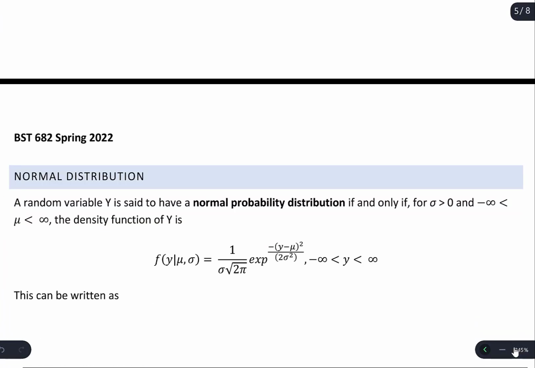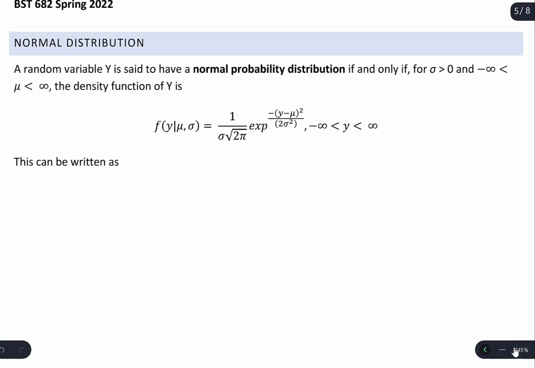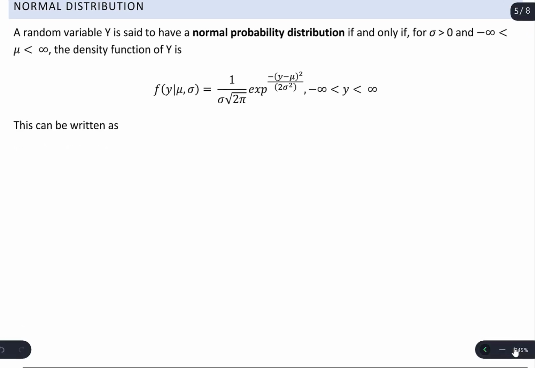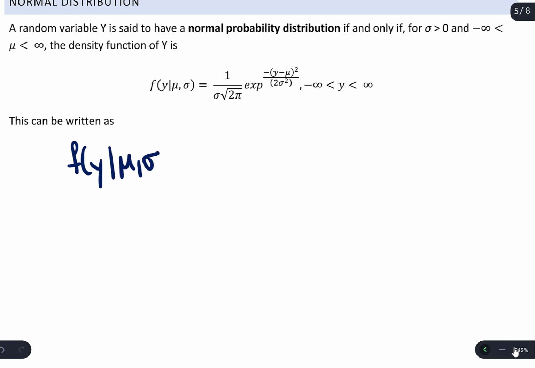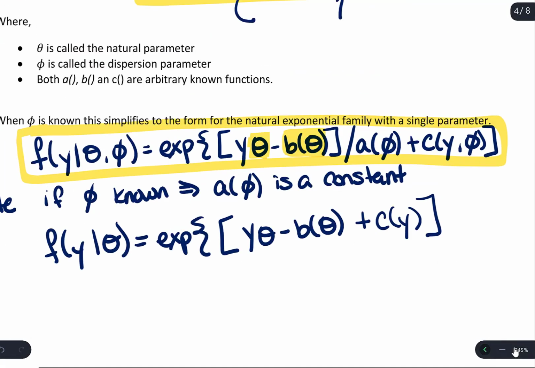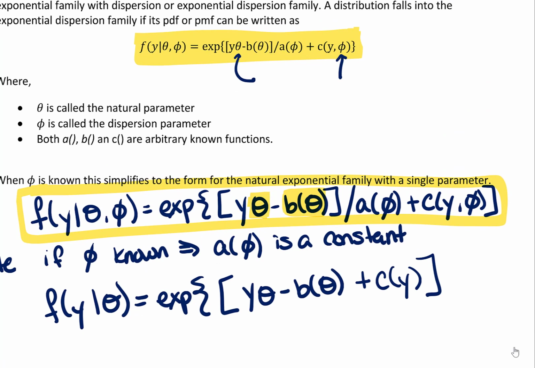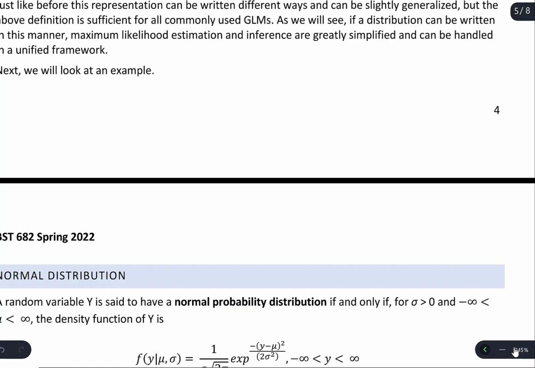All right. So let's look at an example of this, and we're going to look specifically at the normal distribution. So here we have our PDF. So let's see if we can write this in the format of an exponential dispersion family. Okay. So the first thing I want to do is, if I look at my format for the exponential dispersion family I'm going to work with, I know that everything is in the exponent.